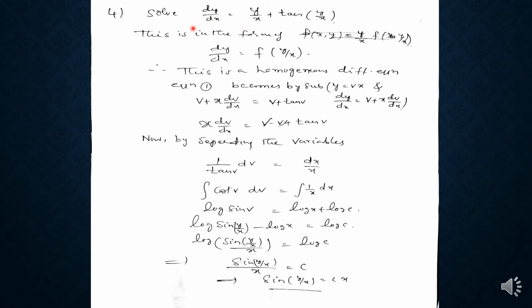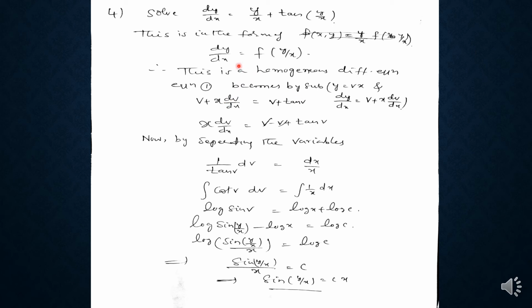So here dy/dx is equal to f of y/x form. This is in the form of dy/dx is equal to f(y/x). So this is a homogeneous differential equation, because each term is in the form of y/x. This is a homogeneous differential equation.